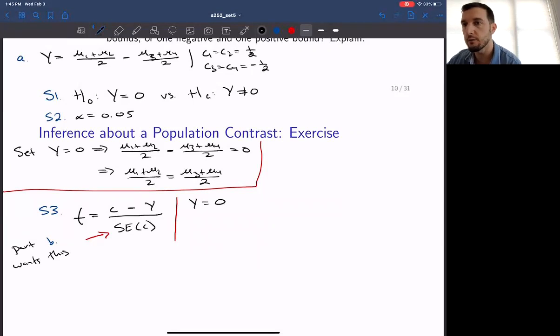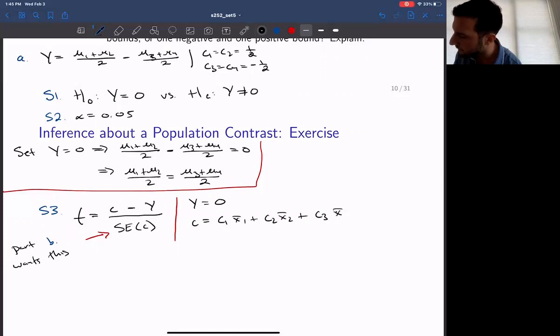That's the same idea as with a 2-sample t-test, and the same idea as with a 1-sample t-test, except then we usually had different values. Little c is going to be c1 x bar 1 plus c2 x bar 2 plus c3 x bar 3 plus c4 x bar 4.